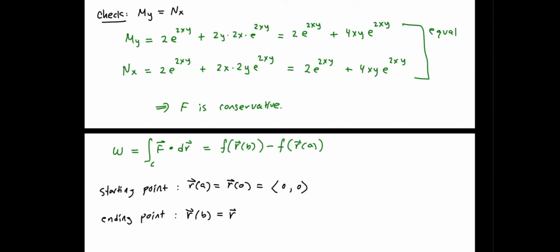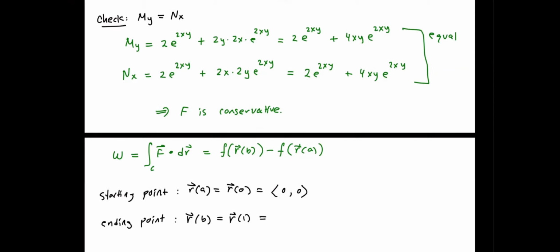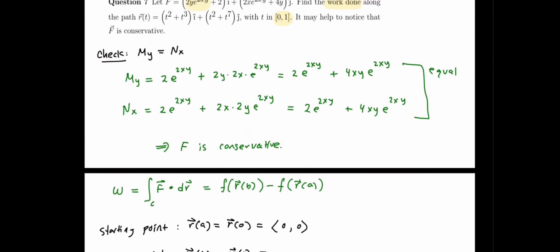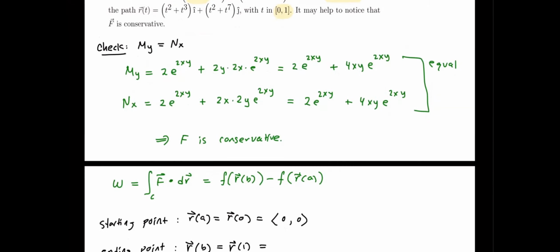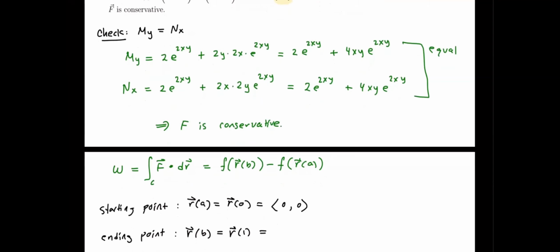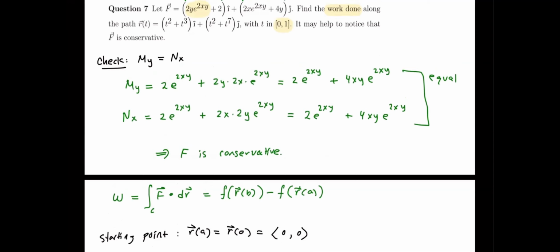For this curve, we're looking at t equal to 1. So again, plug in 1 in place of t for each value. You get 1 plus 1, which is 2, for the first component, and for the second component you also get 2. Let me double check that. Okay.